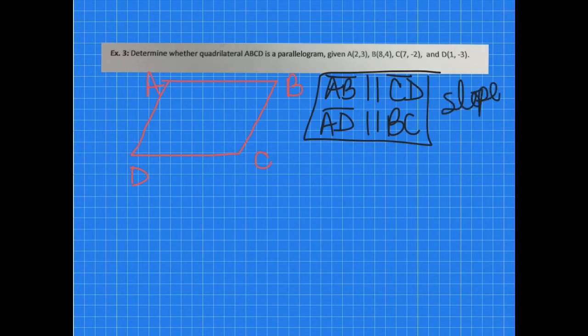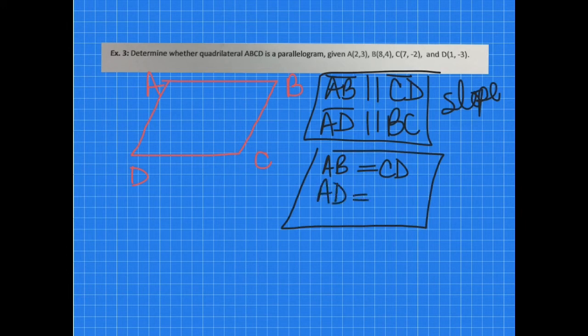The other method we could use, probably your most favorite, is the distance formula. We could show that AB equals CD, the distance from A to B is equal to the distance from C to D, and that the distance from A to D equals the distance from B to C. So this is using the distance formula.